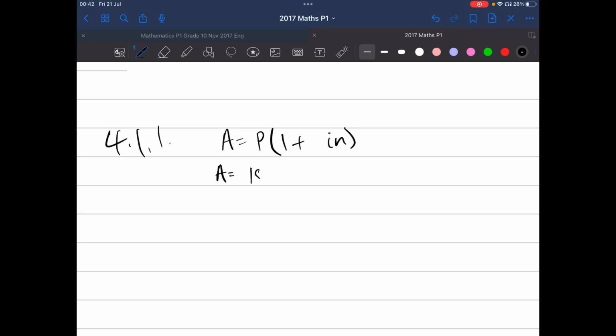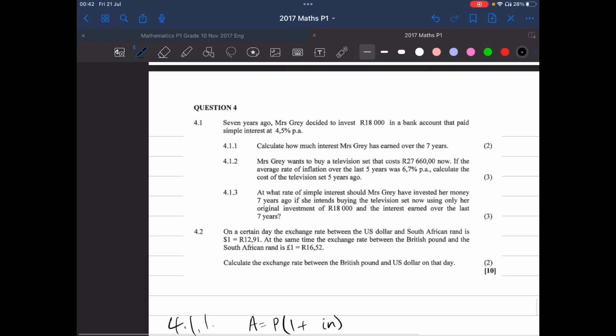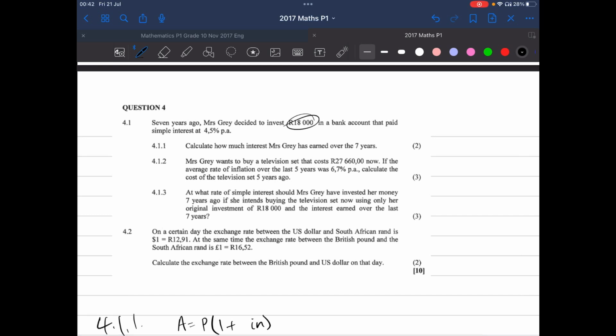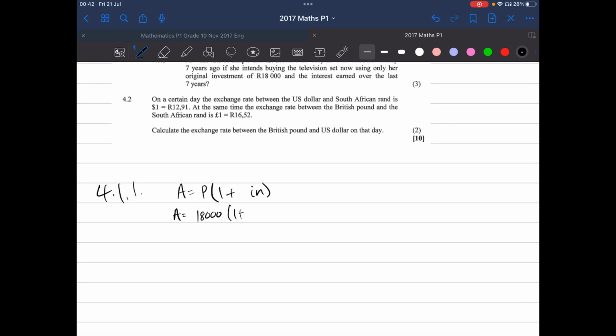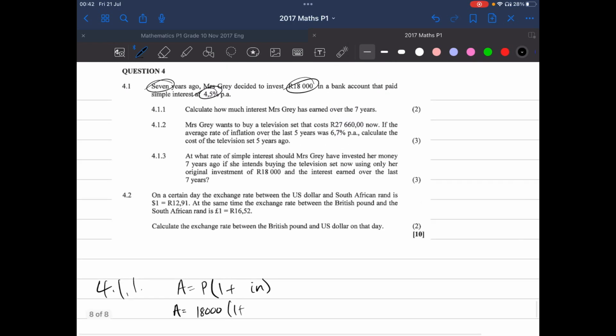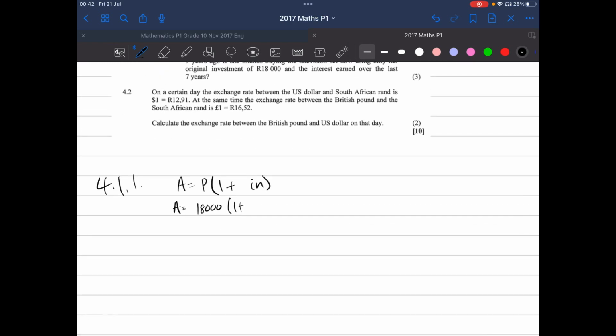The principal amount here was 18,000 Rand, and it's at a rate of 4.5% and it's 7 years. So 1 plus, and now 4.5% is the same as saying 0.045, so 0.045 times 7 years. Now we plug this whole thing into the calculator.